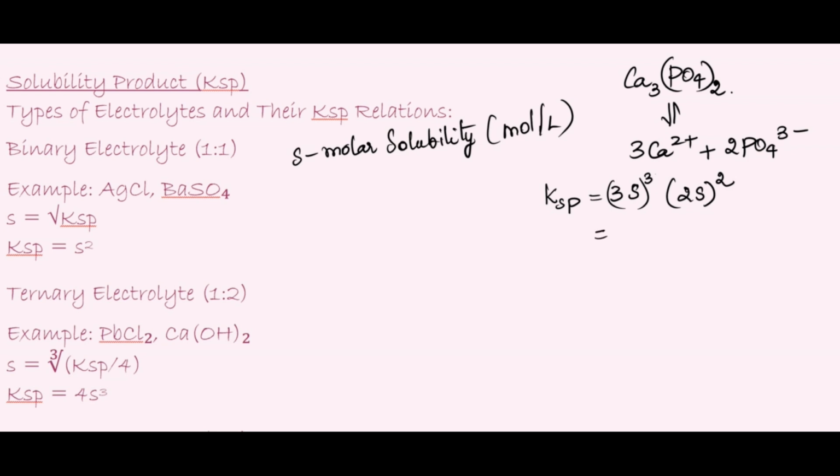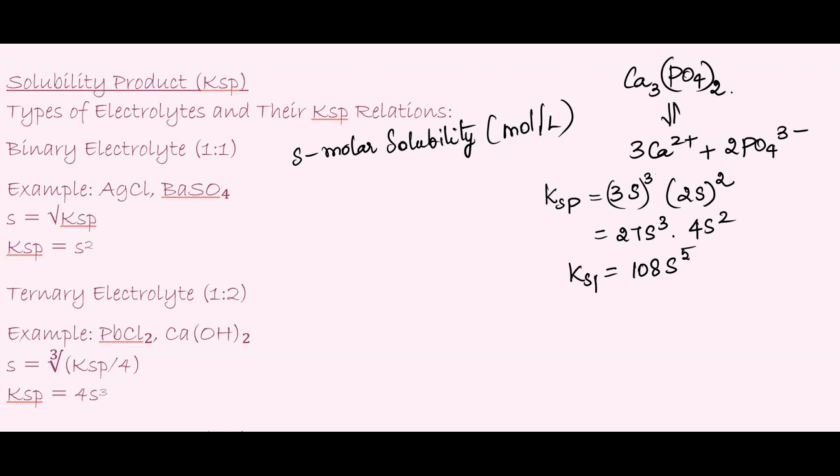So 3 cube, that is 27, 3 into 3 into 3, 27 S cube into 4 S square. In total it will become 27 into 4, 108 S to the power 5.